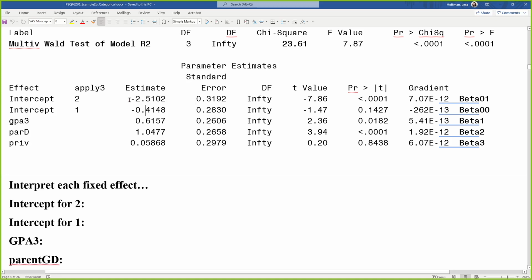This is the logit of a response of 2 instead of 0 or 1 for my reference person, so when all my predictors are 0. And this one is the logit of a response of 1 or 2 instead of 0 for my reference person when all these predictors are 0. From there, this is the increase in the log odds for a 1 unit difference in each predictor. And it looks like GPA matters a little bit. Whether your parents went to grad school matters, and whether you went to private school does not matter.